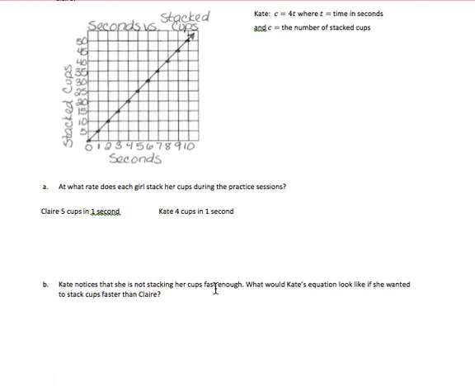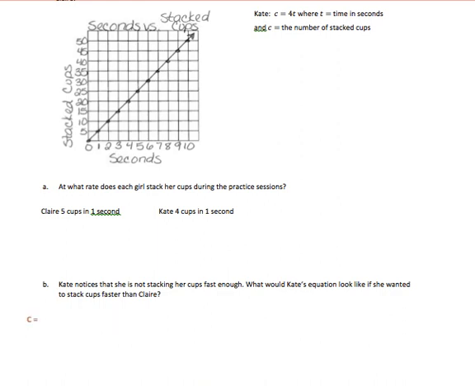Kate notices that she is not stacking her cups fast enough. What would Kate's equation look like if she wanted to stack cups faster than Claire? So we need to take Kate's equation and we need to change it so that her rate, remember this constant is her rate, is greater than Claire's rate. Claire's rate is 5 cups in 1 second. So there are any number of values that would make that equation faster than Claire's.